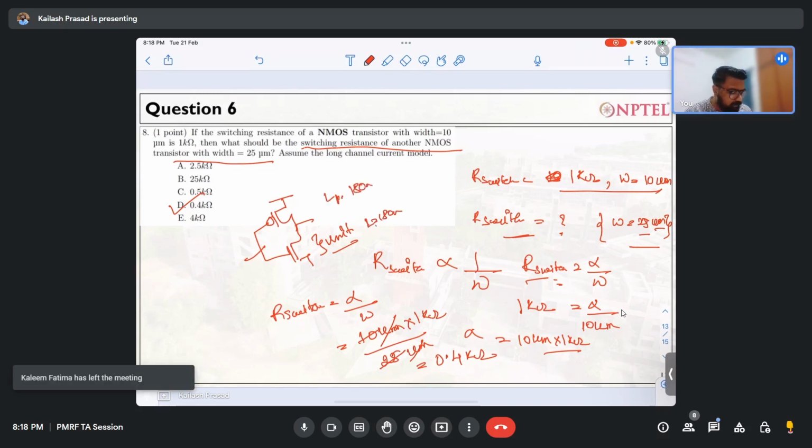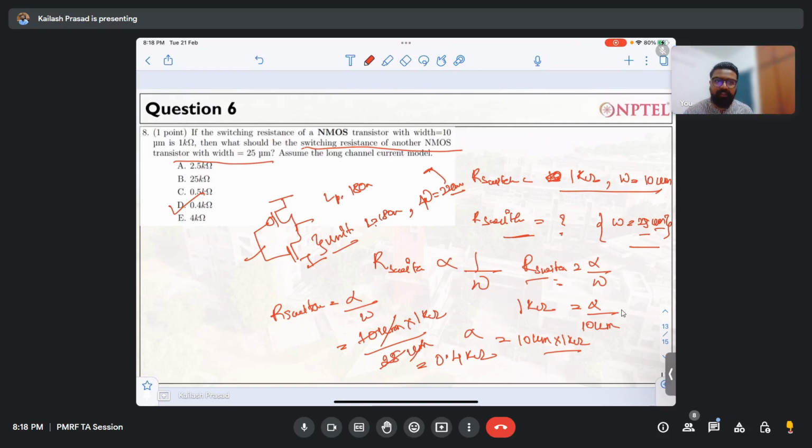In the 180 nanometer technology, if I remember, the minimum width is, I guess, 220 nanometer. So for NMOS, it will be 220 nanometer. For PMOS, it will be how much? It will be 2 into 220, if the mobility ratio is 2. If the mobility ratio is anything else, it will be that number multiplied by 220.